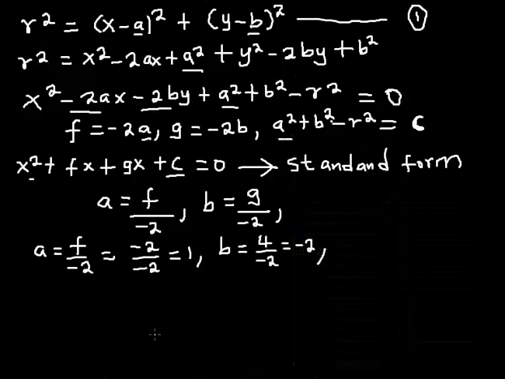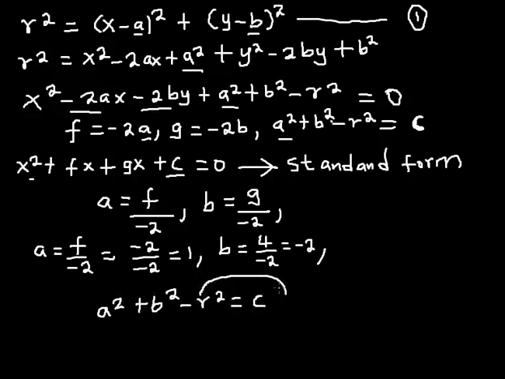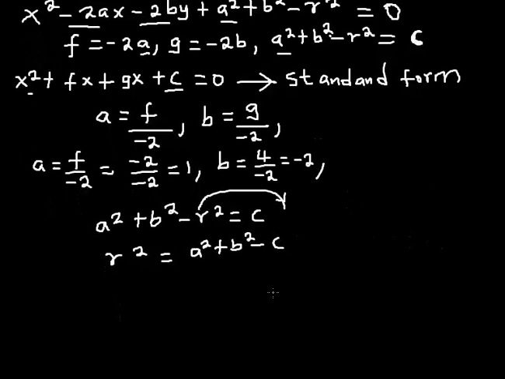This is a squared plus b squared minus r squared equal to c. So the mistake I made was I was supposed to take r squared to the other side, then c goes to the other side. So that simply means that r squared now was supposed to be a squared plus b squared minus c. I discovered that what I was evaluating was giving me a complex value. So this is the right equation.